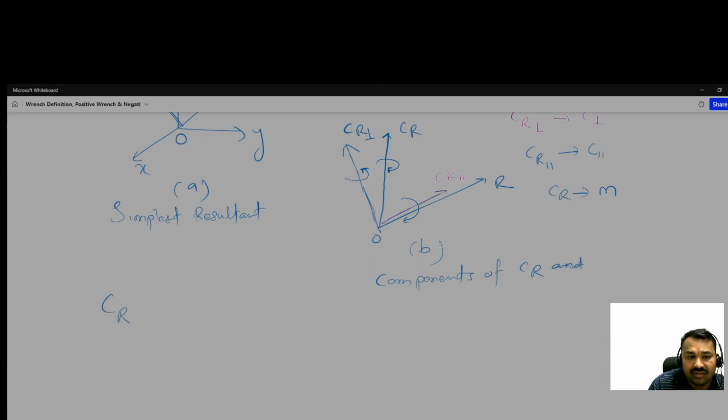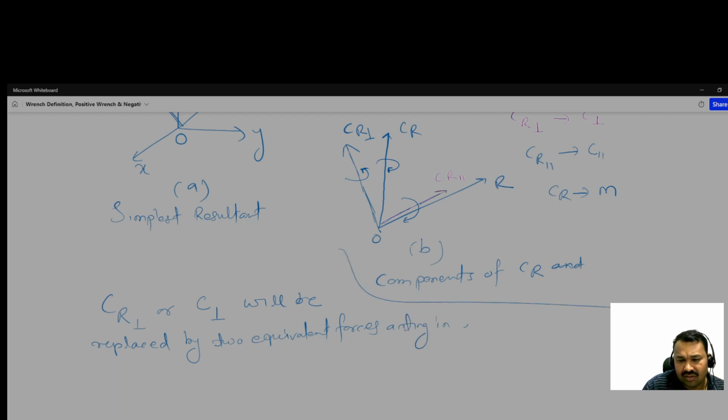CR perpendicular, or you can say C perpendicular, will be replaced by two equivalent forces acting in the opposite direction.